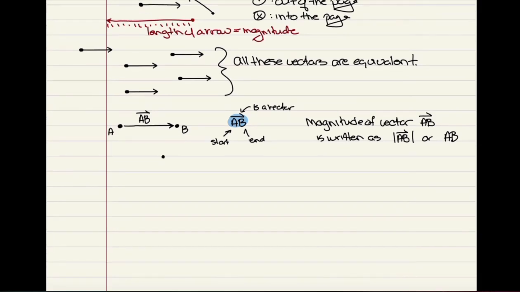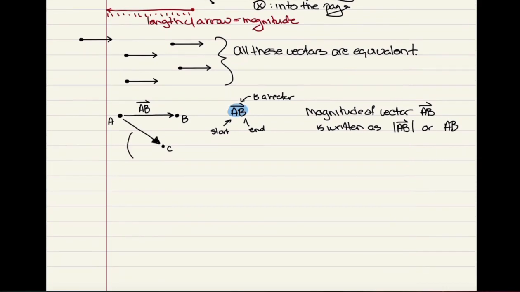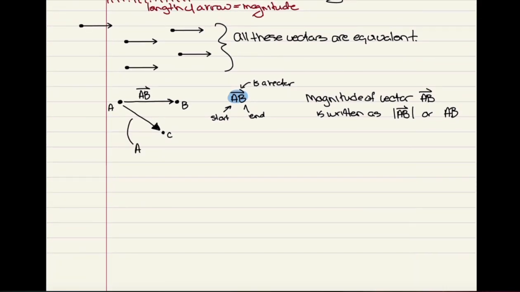There could be some point here C, and maybe I have another vector that starts at A and goes to C. I could write this as AC if that made sense. But again, the vector symbol is kind of like in algebra, how you can use whatever symbols make the most sense.